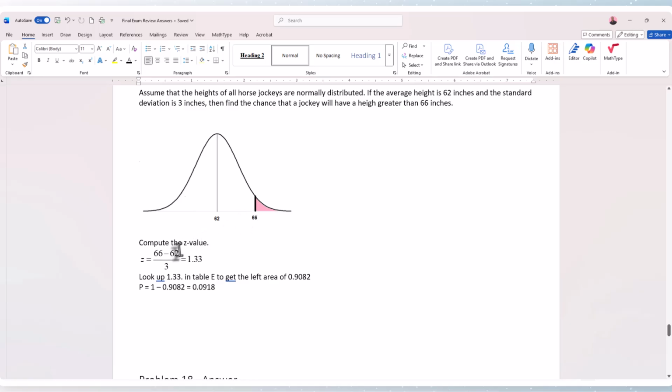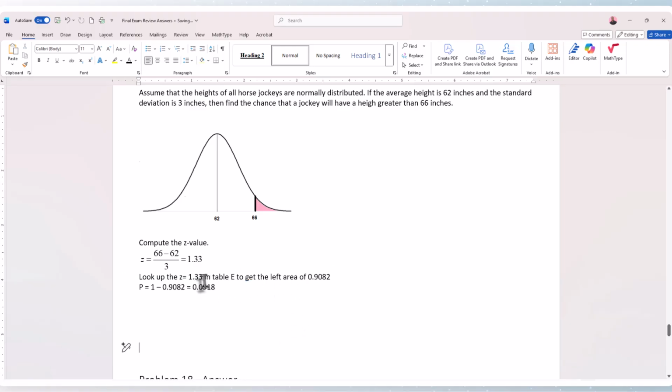We compute using our z-score formula. X is 66, the mean is 62, divided by standard deviation. We get 1.33. So we look up the z value, 1.33, in table E to get the left area.